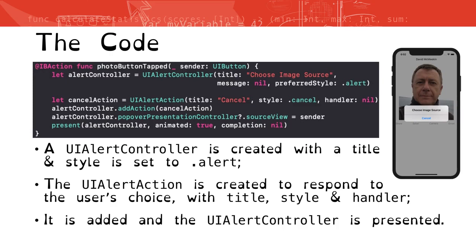But what we do need to do is add an action to the alert controller we've created, because we could have multiple. Think about those alerts you get where one of them might be okay and one of them might be cancel. So we just add this cancel in, and because we've set it of the style cancel, when we tap that, it will remove the alert. After that, we then need to say that the source view will be the sender.